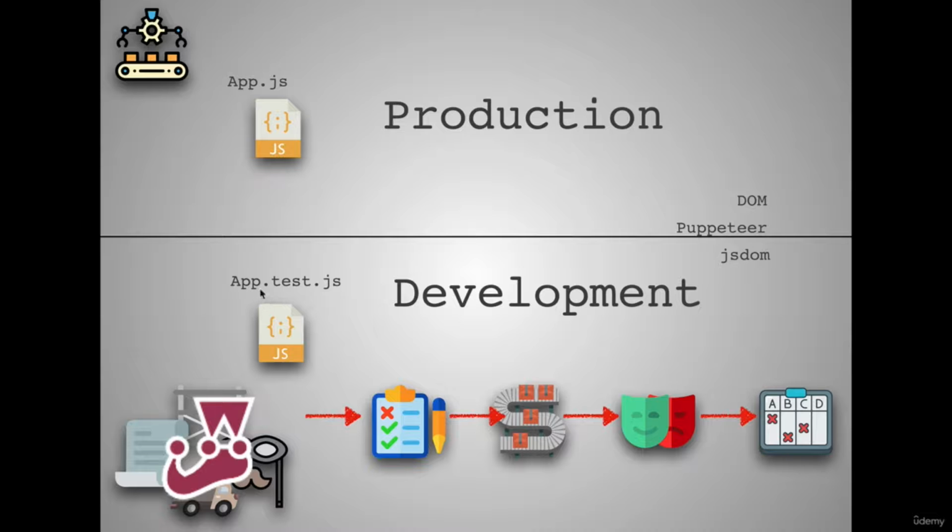In development, as you're writing your tests, as you're writing your code, you have something like Jest running in the background that has the scaffolding, the assertion library, the test runner, the spies, mocks, and stubs that we need to read the tests, run the tests, see which tests pass or fail, and also output a code coverage so that we can work on our project, and when it's ready, it passes all the tests, it has all the nice tests that we need, we can then send it to production without all this stuff that production doesn't need.